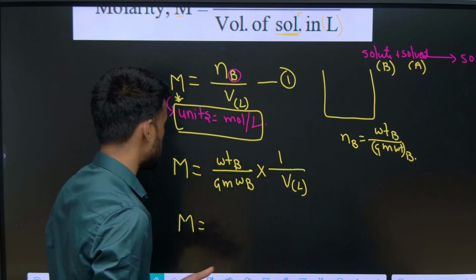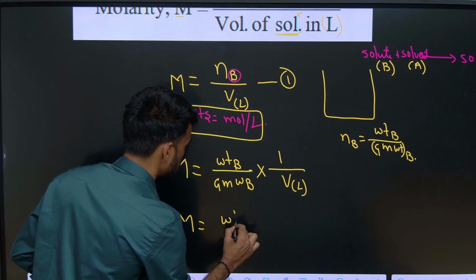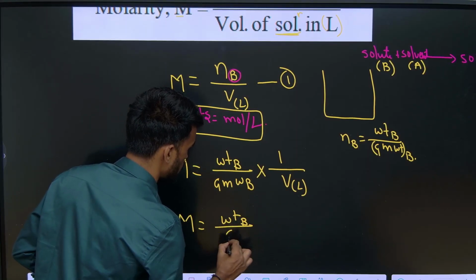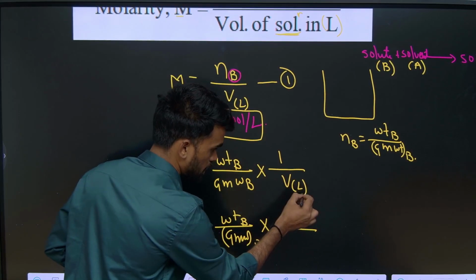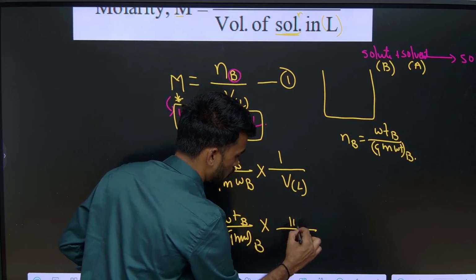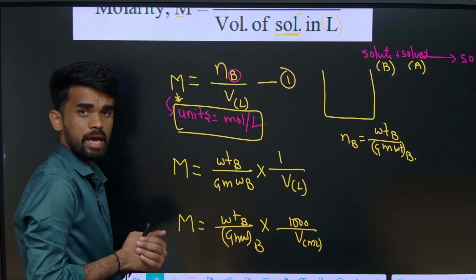In those cases, just convert. So I can write weight of solute by gram molecular weight of solute into volume, here it is liters, so we can take 1000 and express the volume in terms of ml also.